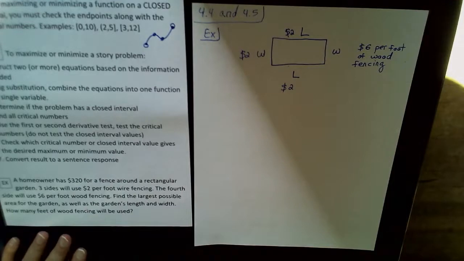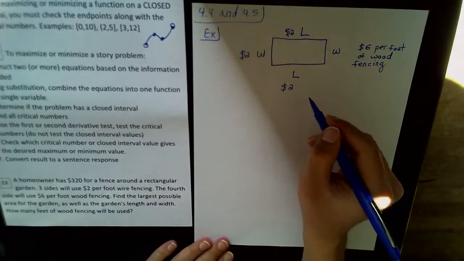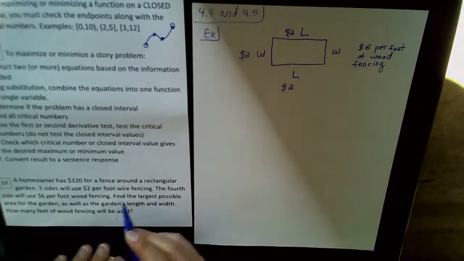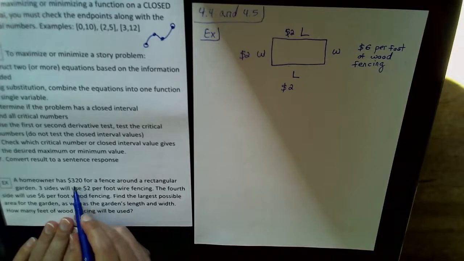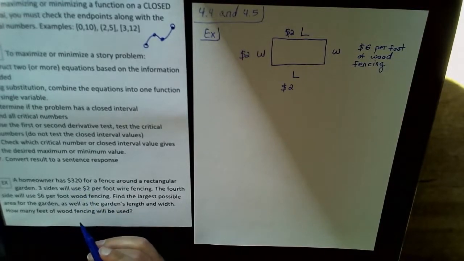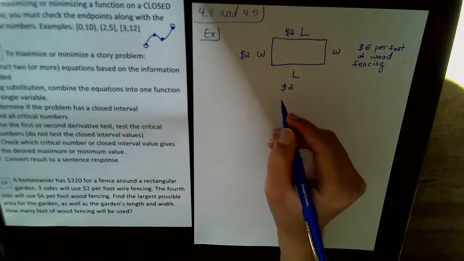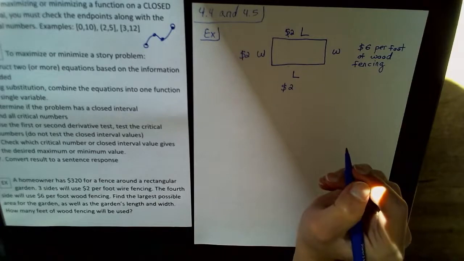Alright, so with that, we are trying to maximize the area of our garden while keeping to a cost of $320. So, if you think for a moment, hopefully you can picture what two equations we're going to need to set up here.